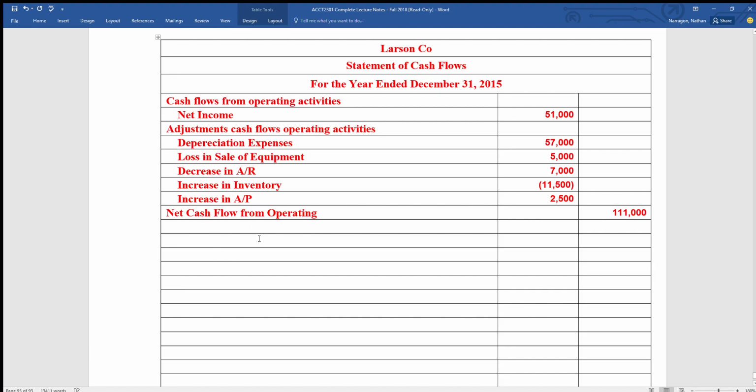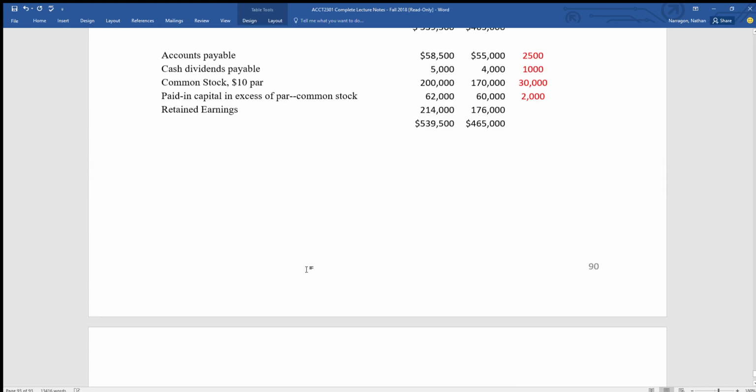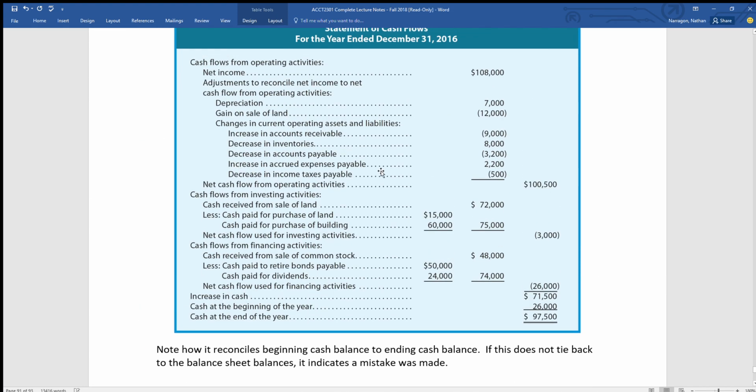Okay, now we look at cash flows from investing activities. So here, again, this is where we put in any cash received or any cash that we lost.